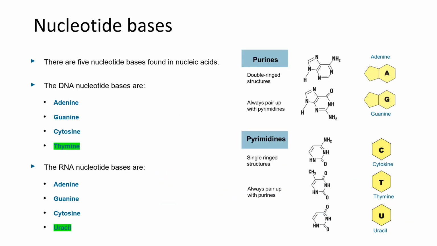So we talked about these nitrogenous or nucleotide bases, and there were 5 different types. There are 3 types that are consistent between DNA and RNA, and I've highlighted in green a base that differs between DNA and RNA. DNA is our double-stranded genetic information, and it consists of 4 bases: adenine, guanine, cytosine, and thymine.